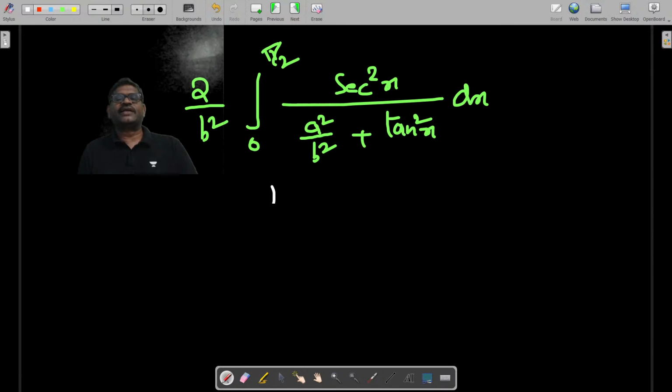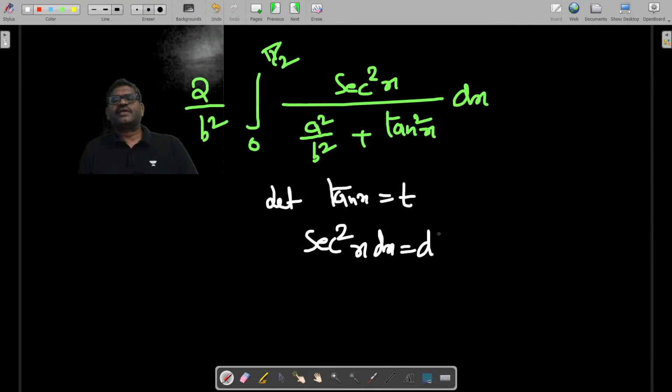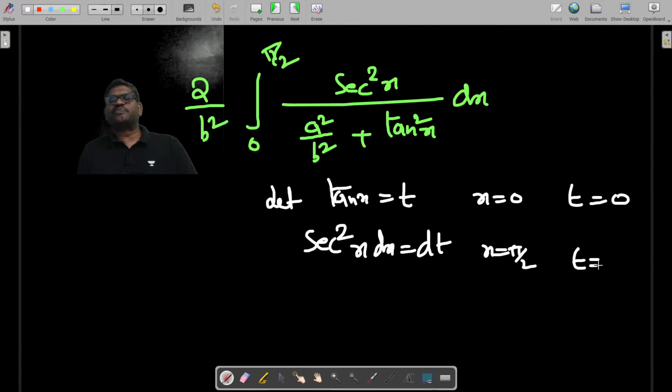Let us take tan x is t. If tan x is t, secant square x dx is dt. When x is 0, t is 0. When x is pi by 2, t is infinite.